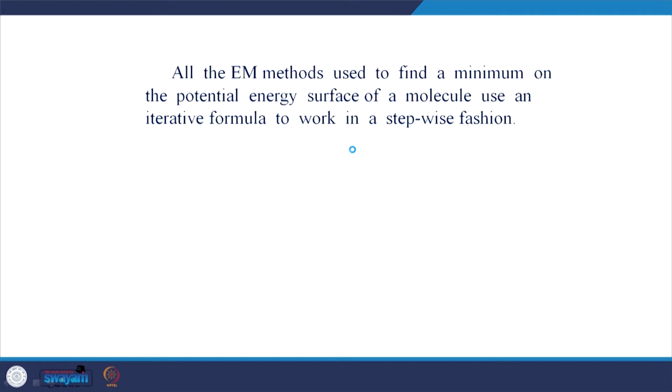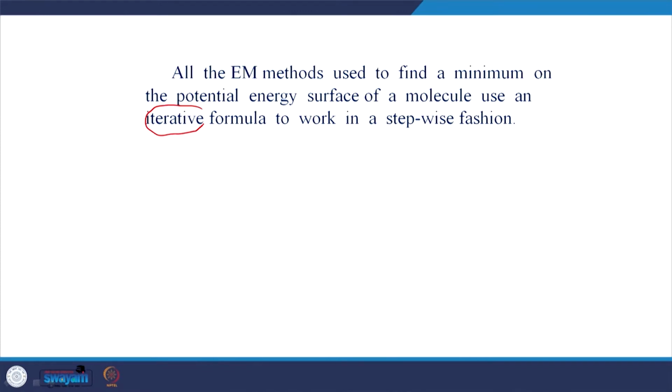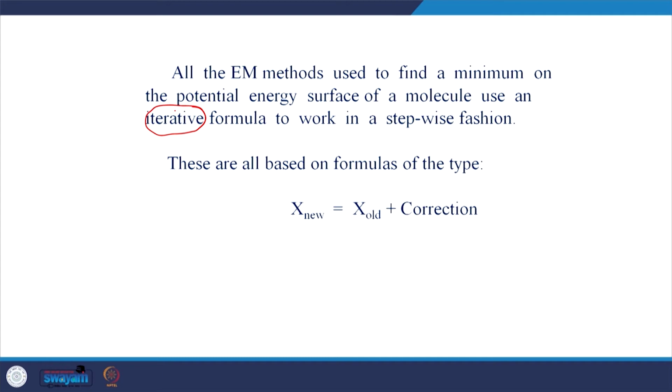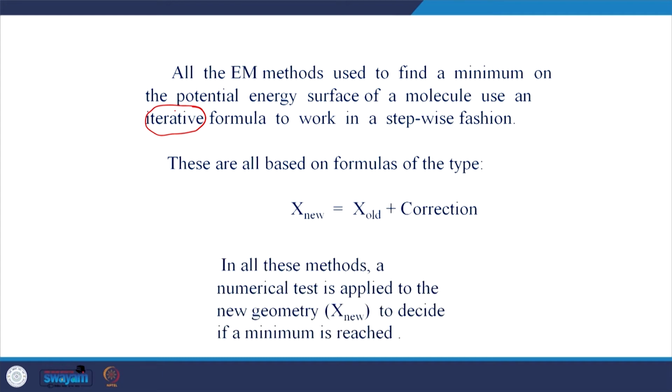All the energy minimization methods used to find a minimum on the potential energy surface of a molecule use an iterative formula to work in a stepwise fashion. If you remember, this is one thing I have talked about continuously. Iteration is what a computer does for you. These are all based on a formula of the type x new equals x old plus a correction.